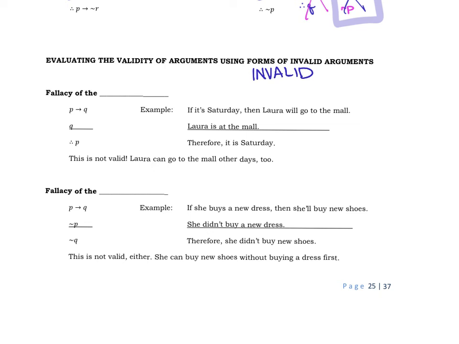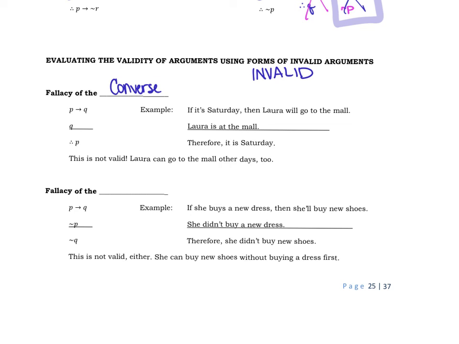One is the fallacy of the converse. People try to do this all the time. If it's Saturday, Laura will go to the mall. She's at the mall. Therefore, it's Saturday. No, she could be at the mall on Tuesday. Just because she's at the mall doesn't mean it's a Saturday.